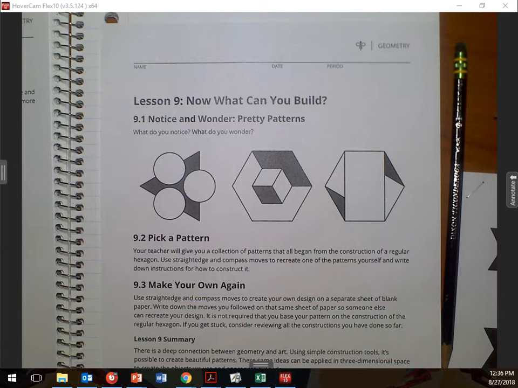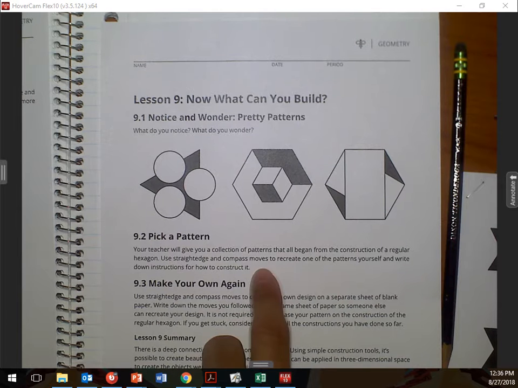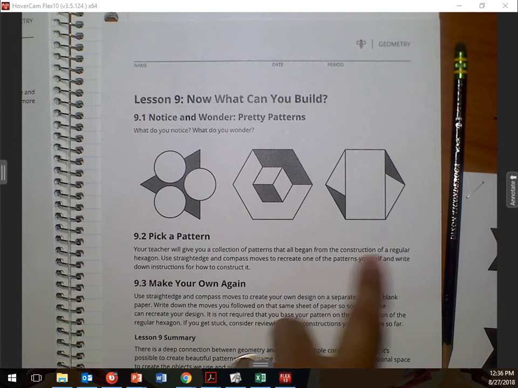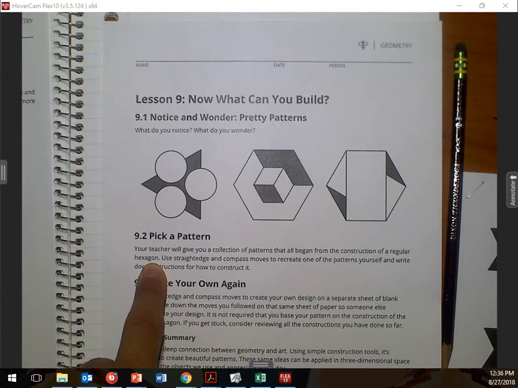Okay, listen up. Class. Now I got your attention. You and your partners are going to go through this and talk your way through it. It says your teacher will give you a collection of patterns that all began from constructions of a regular hexagon. They all started with a regular hexagon.